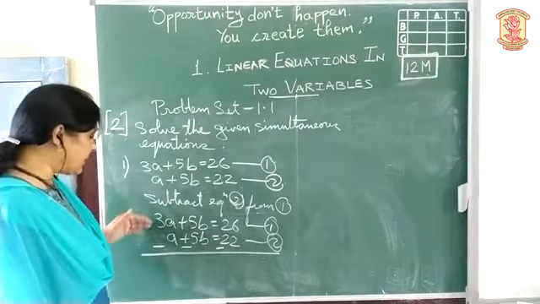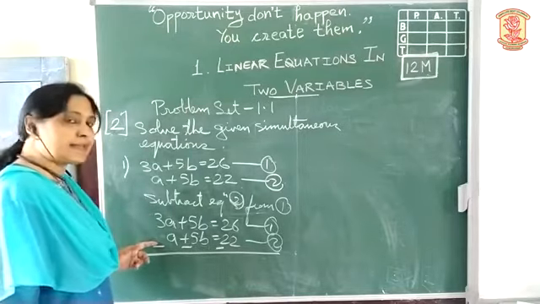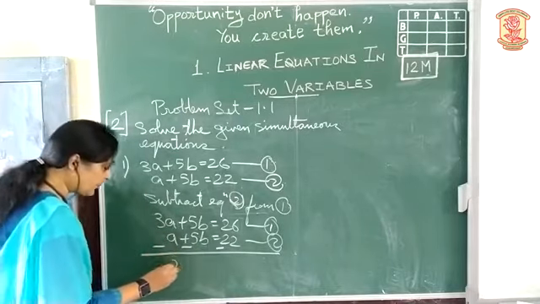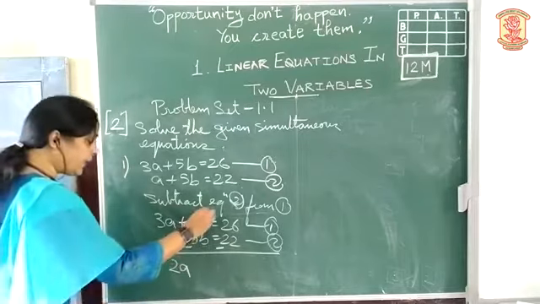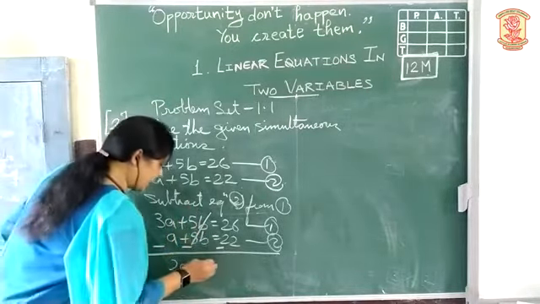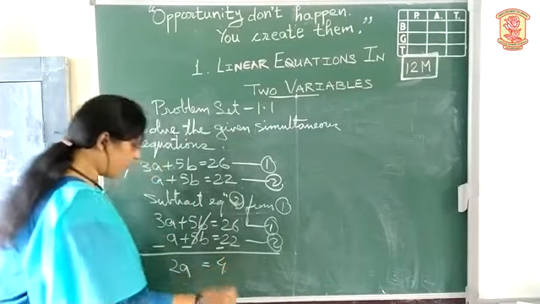Now we are going to consider these new signs. So plus 3a minus a, that is 3a minus 1a, that is 2a, and the bigger number's sign is plus. Now plus 5b minus 5b cancels. That is removed, eliminated from the equation. And here 26 minus 22 is 4.